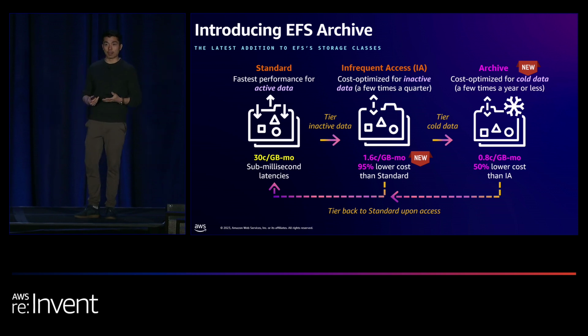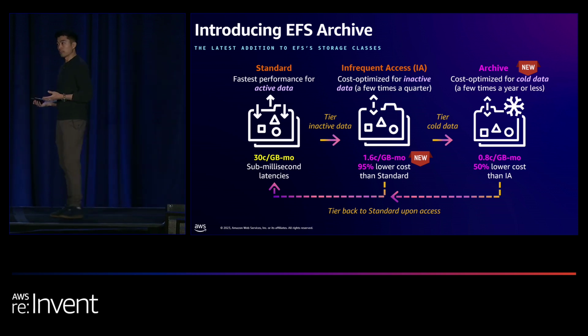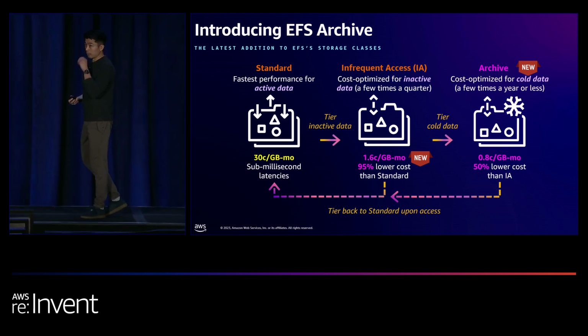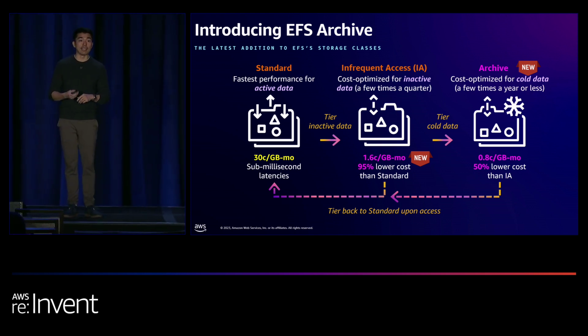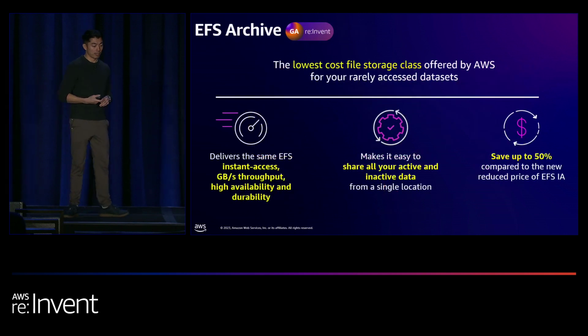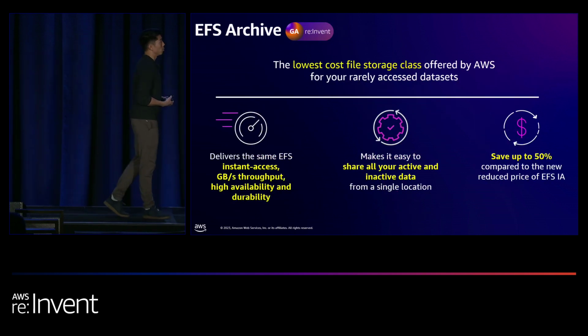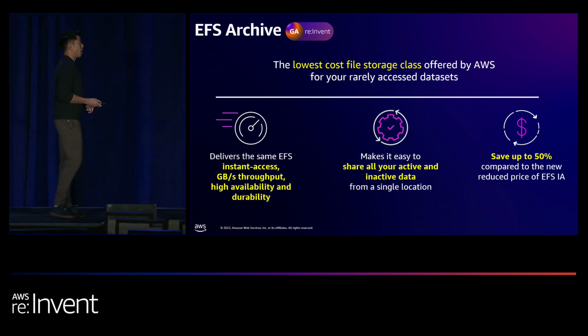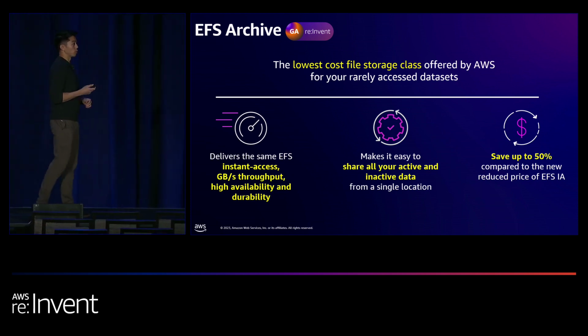So think about those files that are accessed a few times a year or even less. And with EFS Archive, we've delivered a storage class that's 0.8 cents per gigabyte month. And with that, EFS Archive is the lowest cost file storage class offered by AWS for your rarely accessed data.